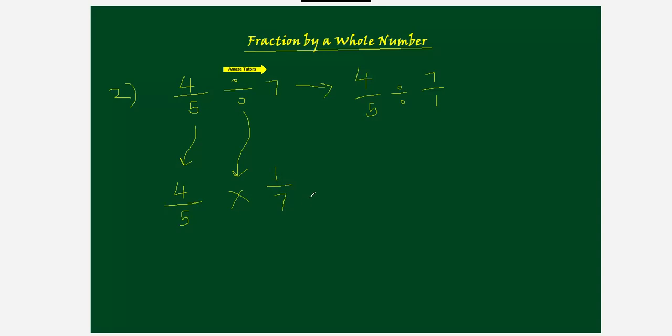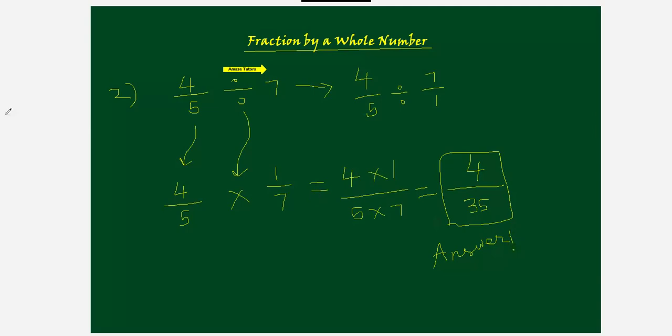You are writing upside down. Now multiply the numerators as usual, denominators. That's it. 4 ones are 4, 5 sevens are 35. Now this is not possible to simplify. That's why this itself is the final answer. I hope you understand how to do it.